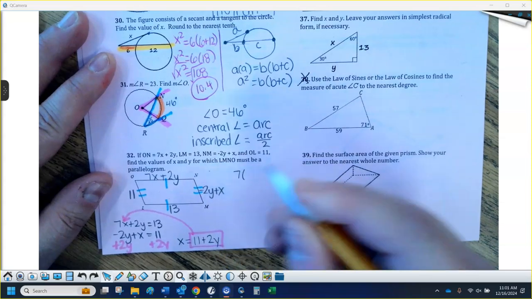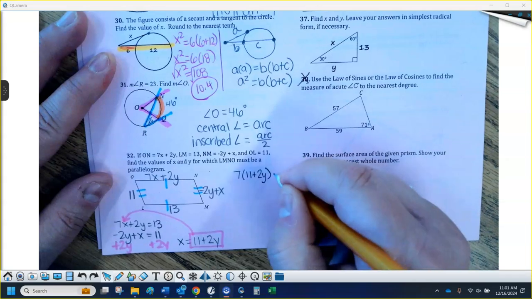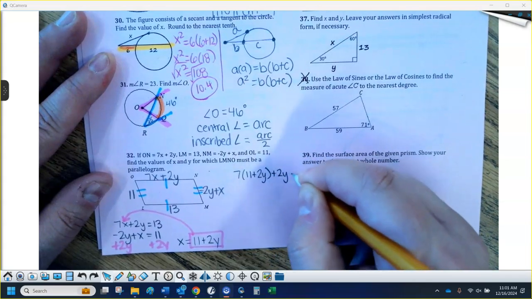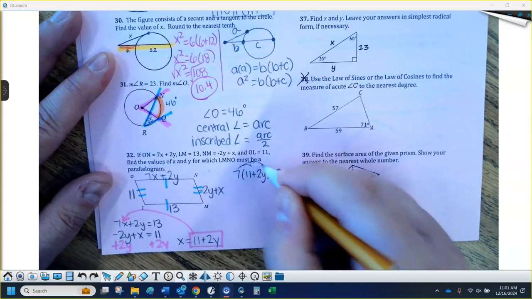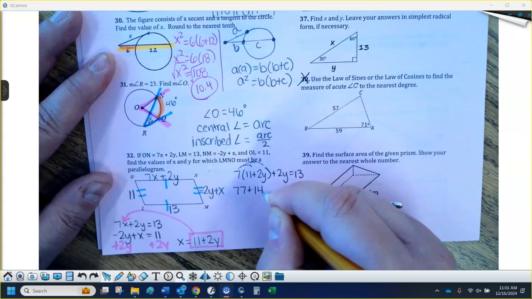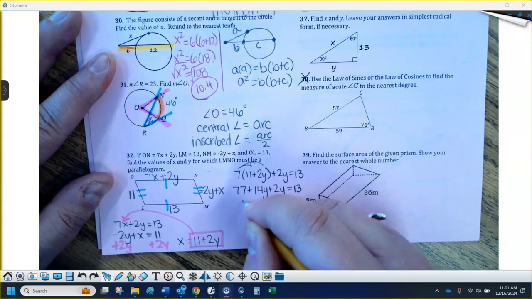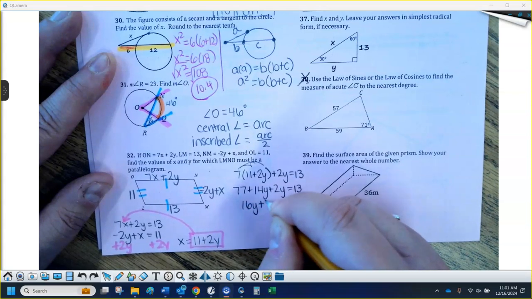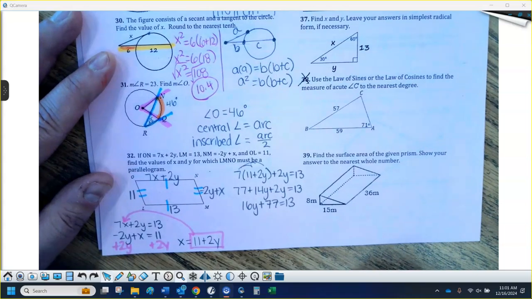So instead of 7x, I'm going to write 7 times 11 plus 2y plus another 2y equals 13. And do a little distributive property here. You get 77 plus 14y plus 2y equals 13. So I have 16y plus 77 is equal to 13.